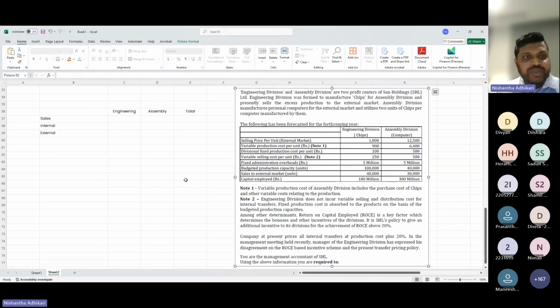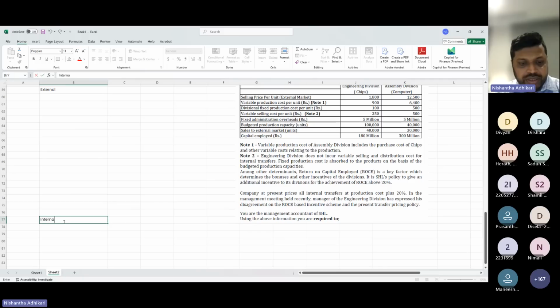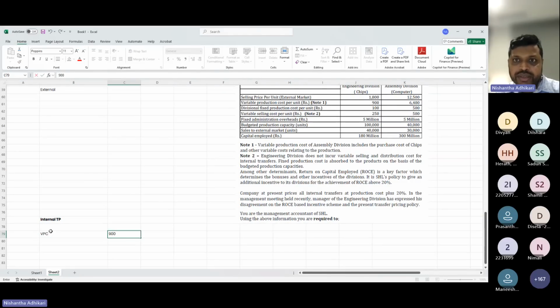Right. First, we will work out the internal transfer price. Variable production cost 900. Right. Divisional fixed production overhead 100.